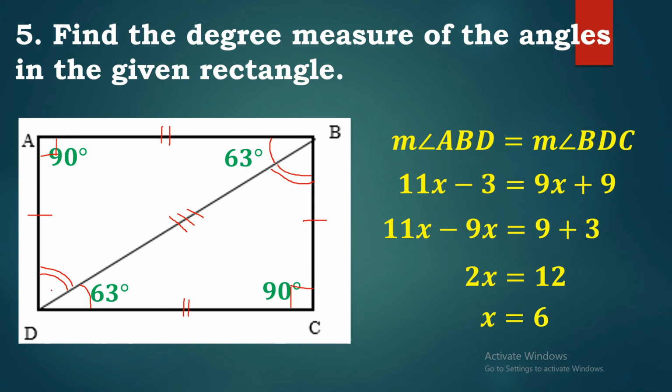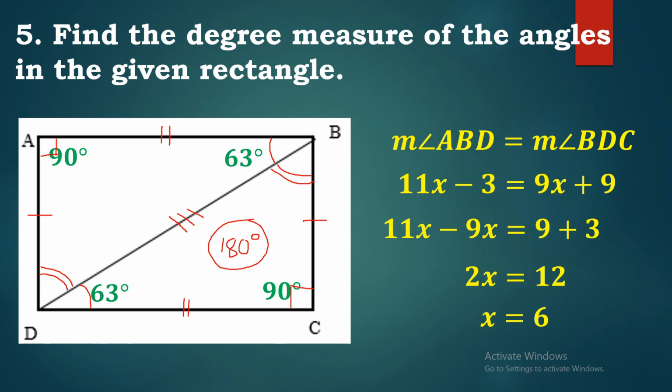First is by considering that all the angles formed by a rectangle measure 90 degrees. So we have 90 degrees minus 63 degrees, and that gives us 27 degrees. Or you can use the sum of the interior angles of a triangle. That is 180 degrees. So take note that the sum of the interior angles of a triangle is always equal to 180 degrees.